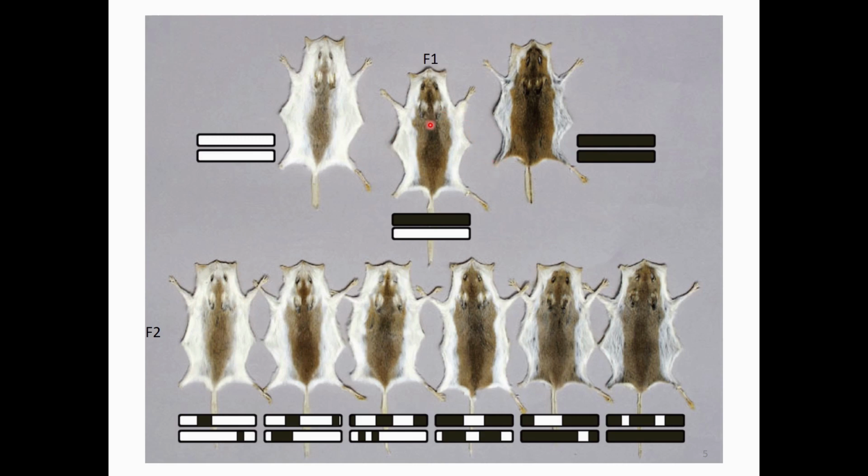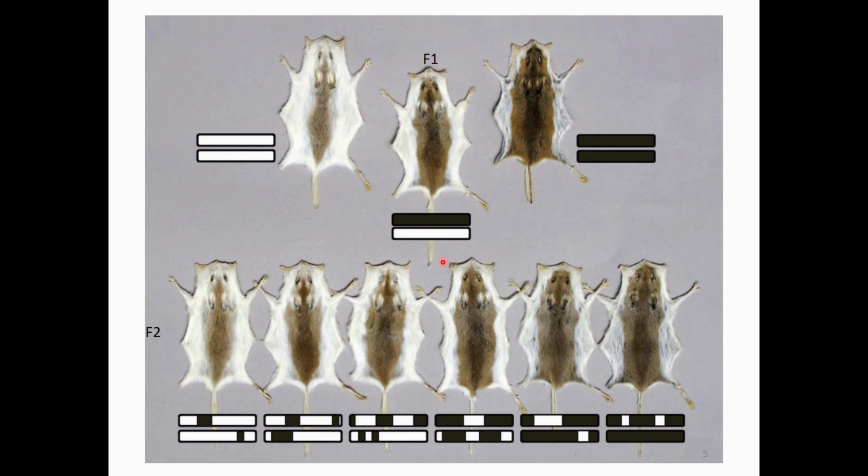Now, considering F1, if we cross F1 mice amongst themselves, the crossing over events that take place during the meiosis in the male and the female will generate different types of gametes where the genetic information will be shuffled, which means that the genes that control this trait will be also shuffled.